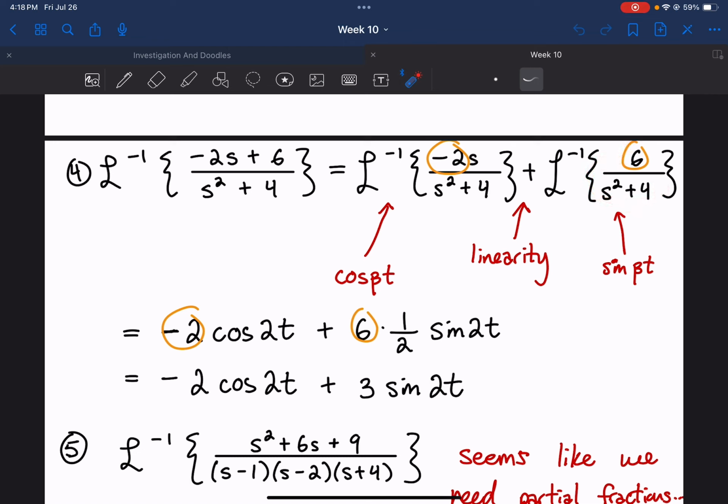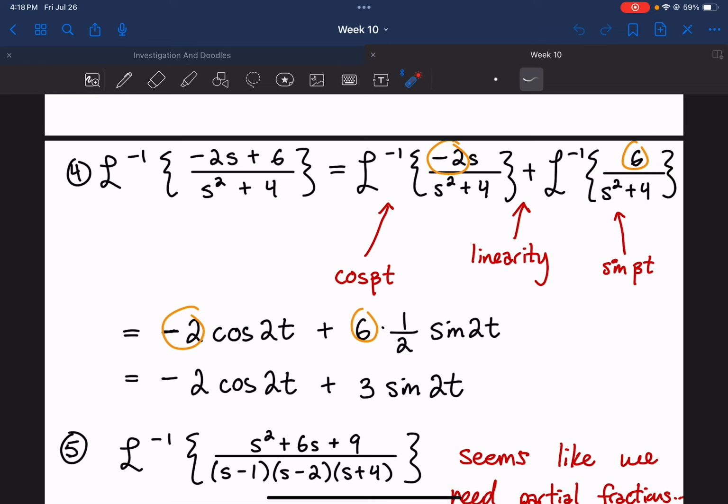If I just move this 2 out front, this is already cosine 2t. And if I move this 6 off, well, I need to add a 2. I need to add a 2 on top and bottom to get this to be sine of 2t.